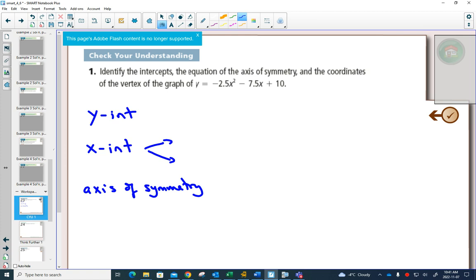So, we want to find intercepts, axis of symmetry, and vertex. So first of all, your y-intercept. That you can get by plugging in 0 for x, and that is easiest using your general form. So I don't know, maybe I'll put that in brackets underneath. Maybe you would like that.